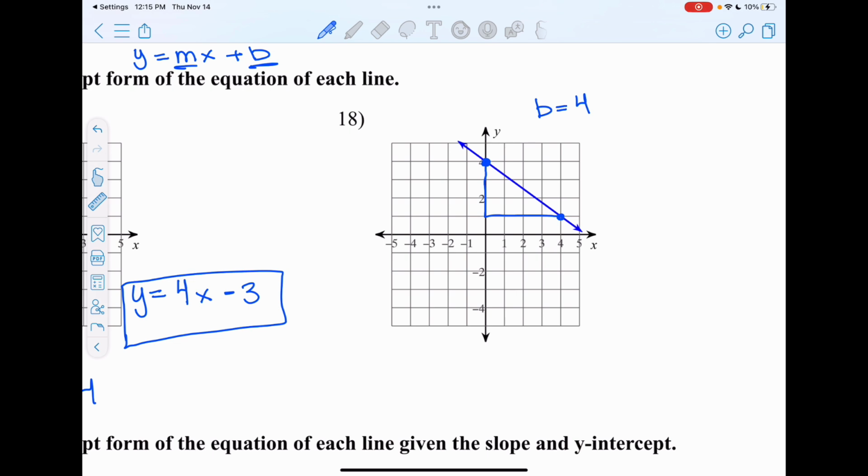So I go down 1, 2, 3 boxes. So my rise is -3. And I run 1, 2, 3, 4 boxes. So rise over run is -3 over 4. And plugging these values into my equation, I will have y equals -3 over 4x plus 4.